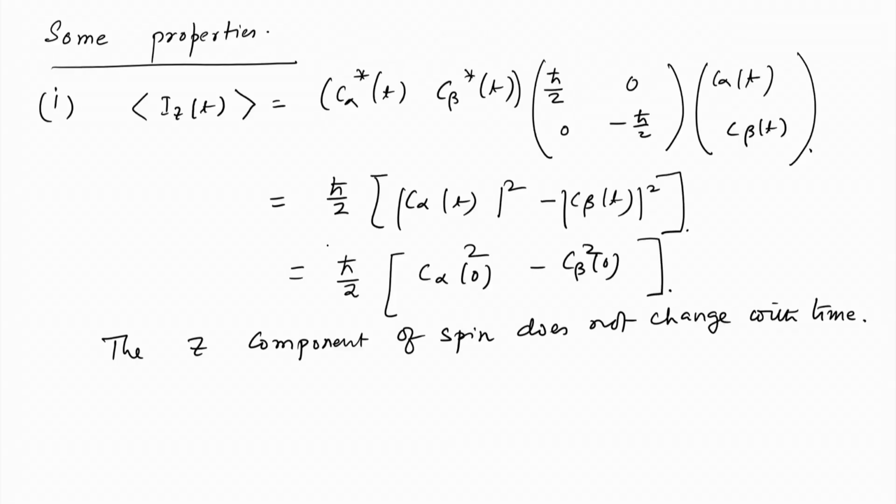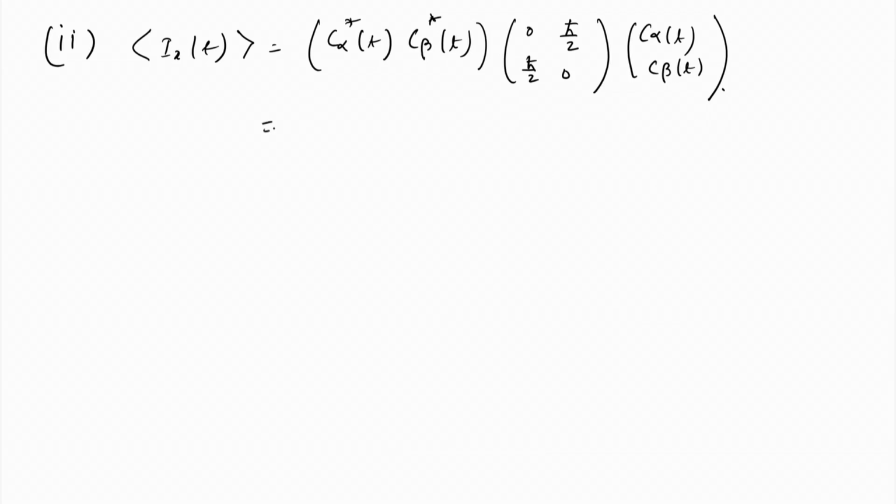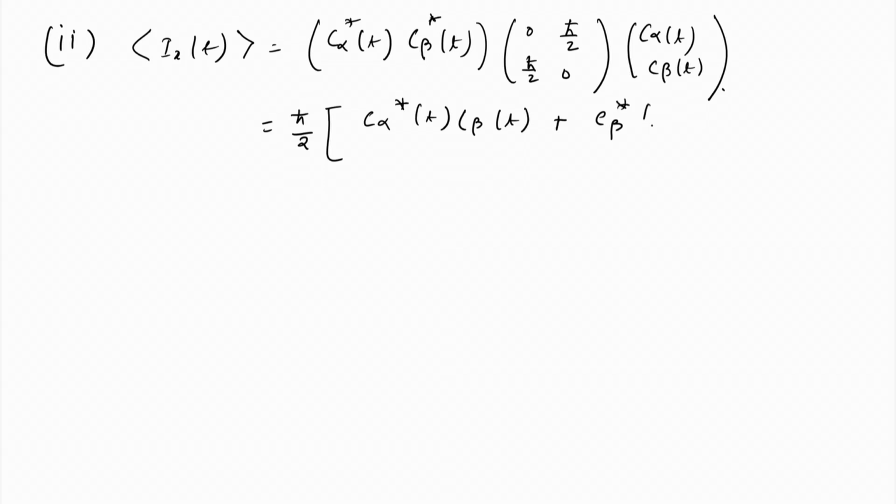So, this is equal to ħ by 2, and when I multiply this, it becomes Cα*(t) Cβ(t) plus Cβ*(t) Cα(t).